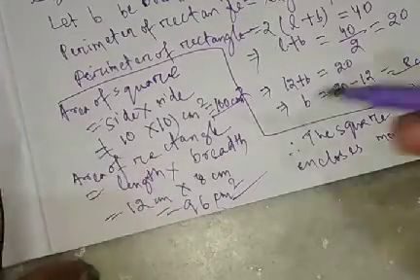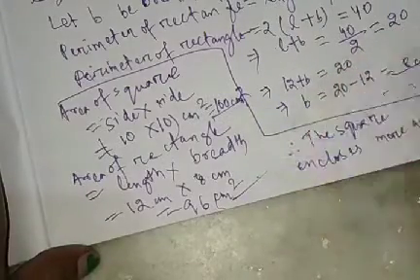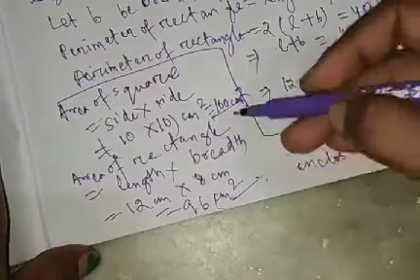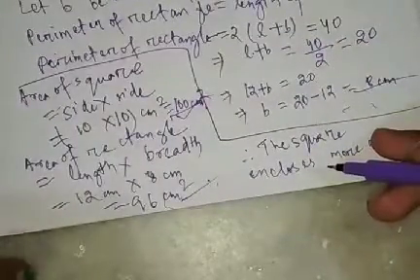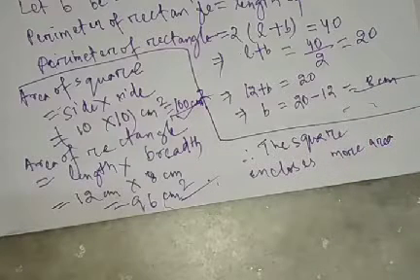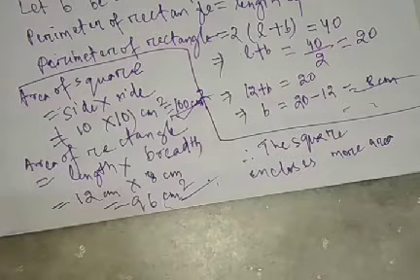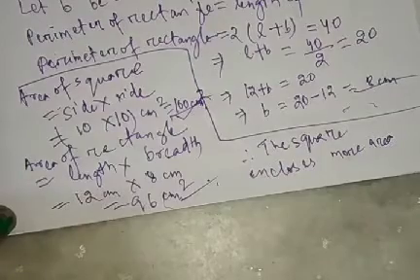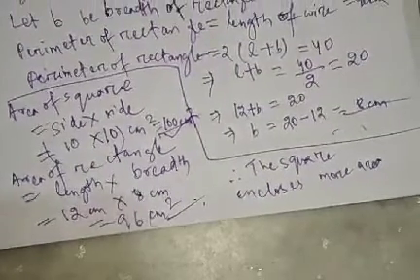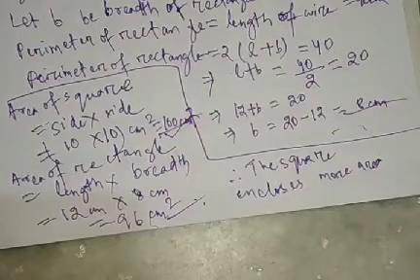So look at here, area of square is 100 centimeter square, area of rectangle is 96 square centimeter. So which is more? This one is more. So the square encloses more area. Like that you can do example 5 by yourself. So this is about your today's class. I hope you will understand. Okay. Thank you.